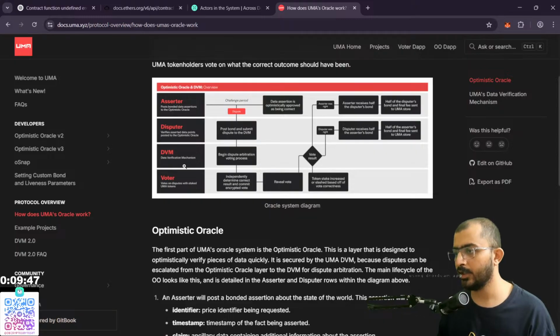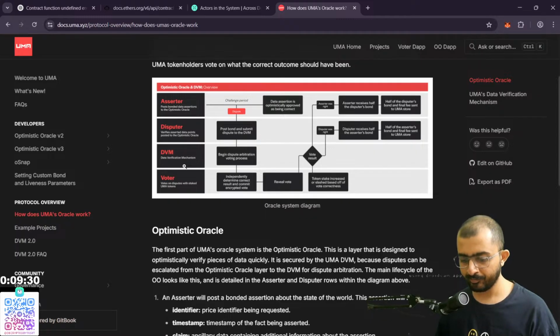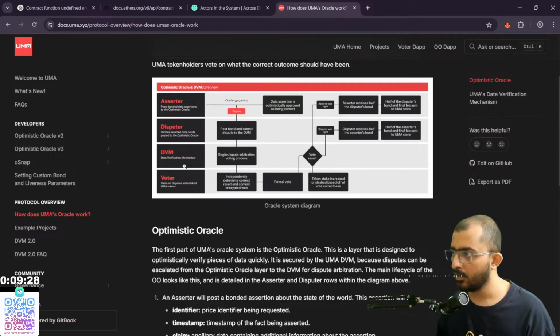But again, the name is optimistic oracle, but this is very opinionated. We know that for a question like on Across, whether a token intent is fulfilled or not, it's very straightforward.